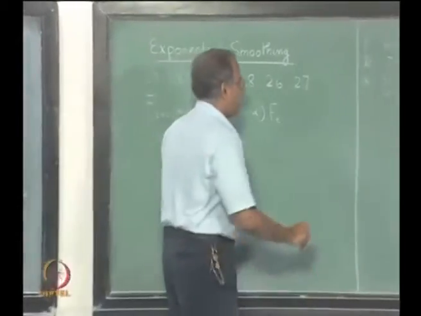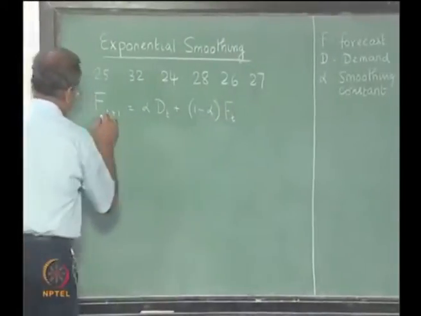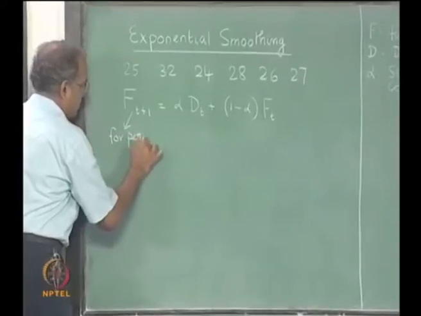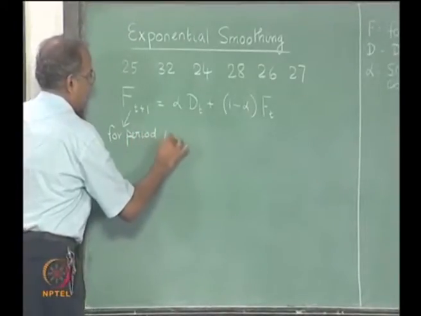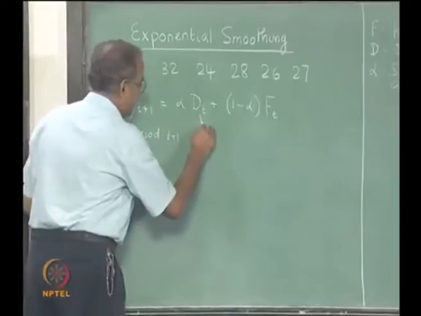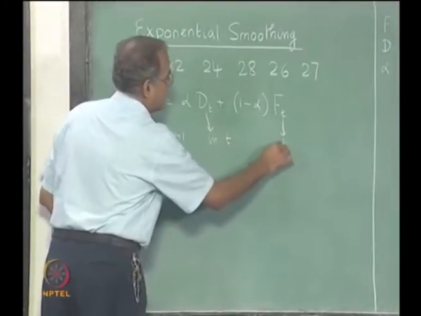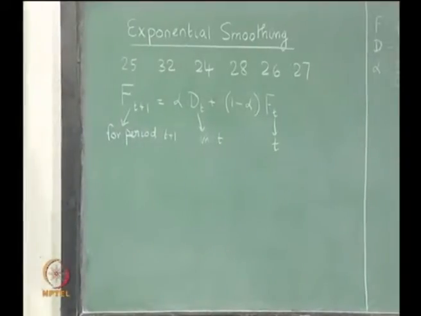D t is the demand in period t and F t is the forecast for period t.